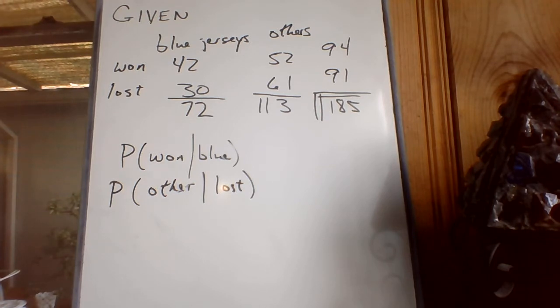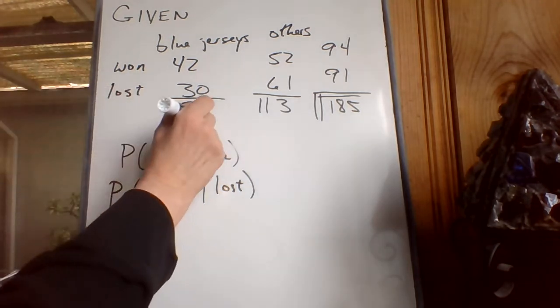Like maybe the coach thinks every time you play against people with blue jerseys, oh man, we always win against people with blue jerseys and not so well with the others, or something like that. Okay. Well, now we can figure some things out. Probability that they won, given that the other team was wearing blue jerseys. Okay, this line is to be pronounced given.